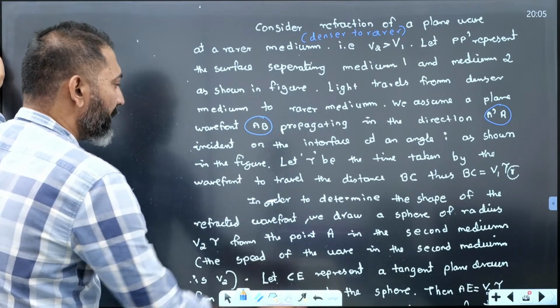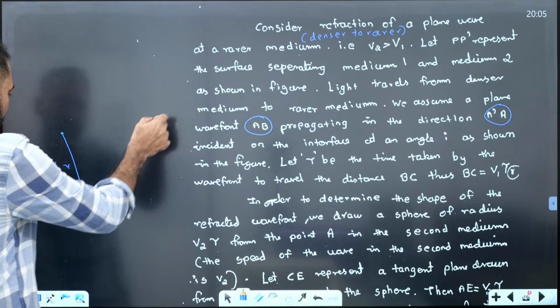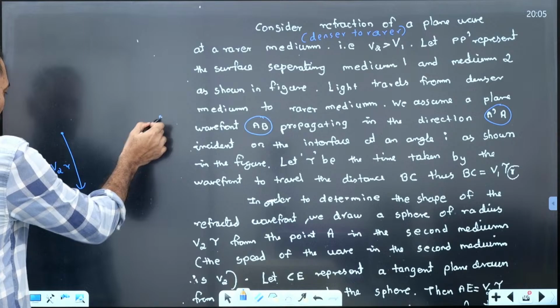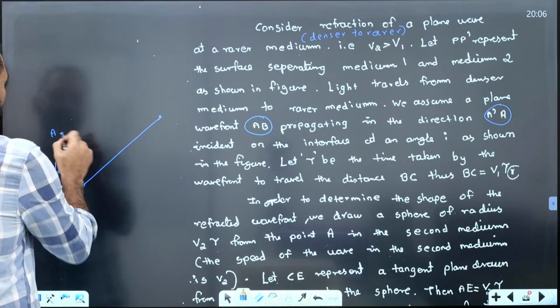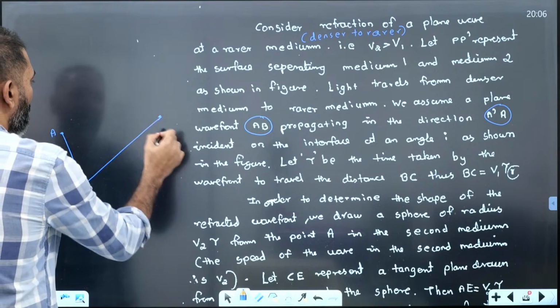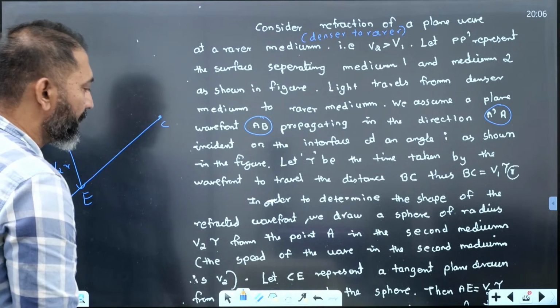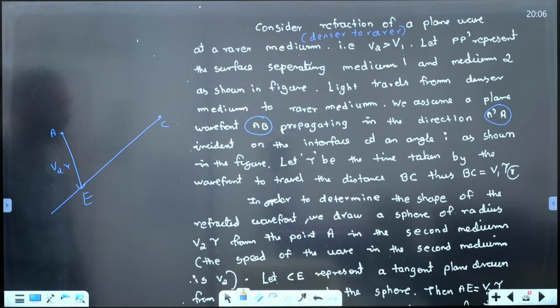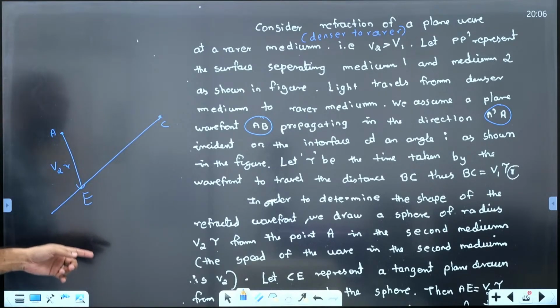The speed of the wave in the second medium is v2. From point C, we draw a tangent, CE. That CE represents the tangent plane. Then AE is equal to v2 tau. Initially BC was equal to v1 tau. I hope you remember that.